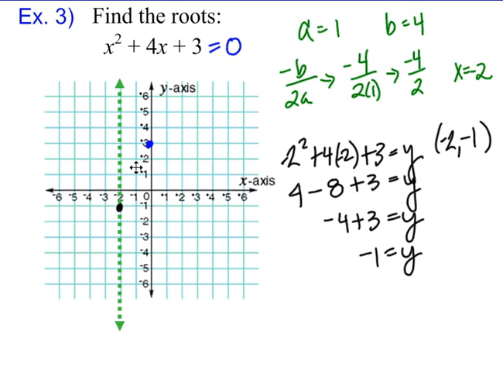So if our vertex is going right here, we can kind of see where we're going to cross. We can mirror this point, but we need to know exactly where it's going to cross because those are the solutions. So we're going to have to put in the point negative 1 and see where that happens. Is this going to be 0? Hopefully it will be because it's a norm, 1 up, 1 over. It should be there, but let's double check by doing the math.